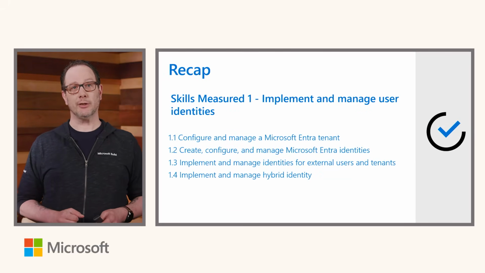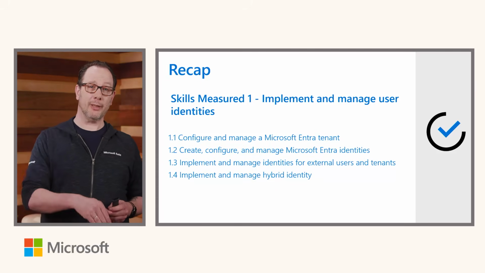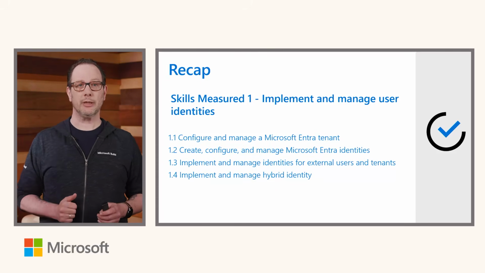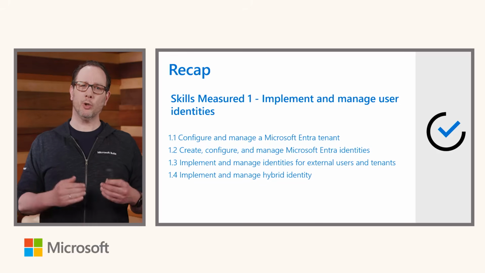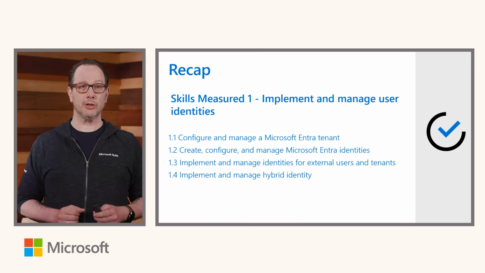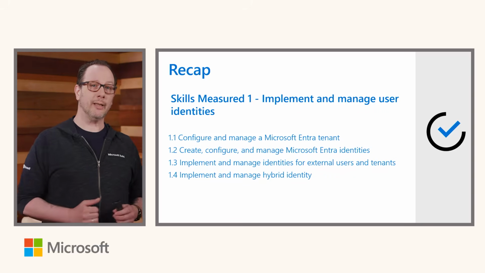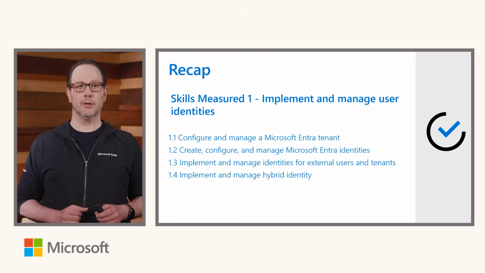This brings us to the end of this first functional group, in which you learned about the first skills measured, implementing managing user identities, with a more detailed overview of how to configure and manage Entra tenants, how to create, configure, and manage Entra ID objects.